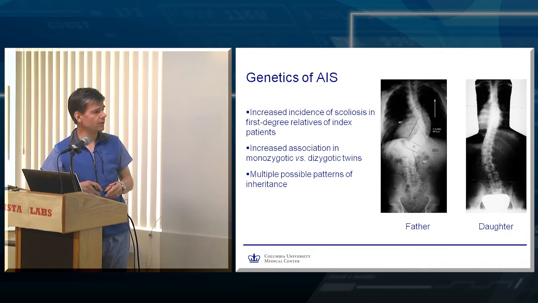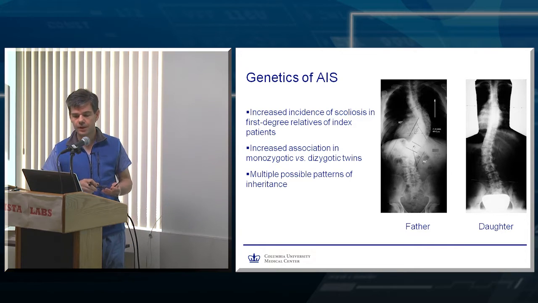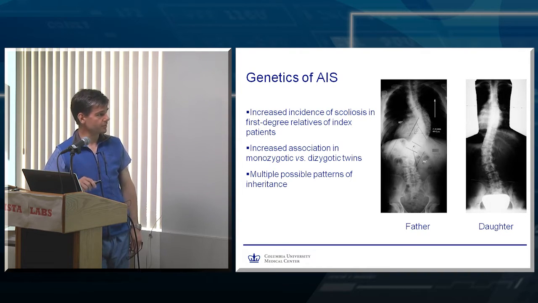The genetics are important. There is an increased incidence of scoliosis in first-degree relatives, of course, particularly female relatives, so it's worth taking that history, particularly not just a history of, did you have scoliosis, but were you treated, or was there an aunt in the family or a grandmother, mother or sister that was treated either with bracing or with surgery.